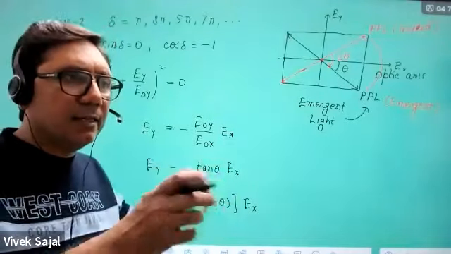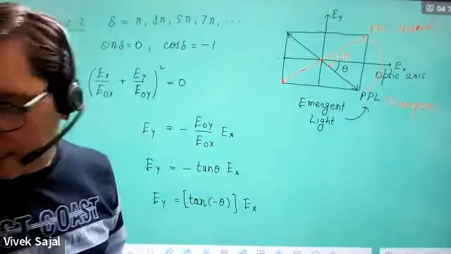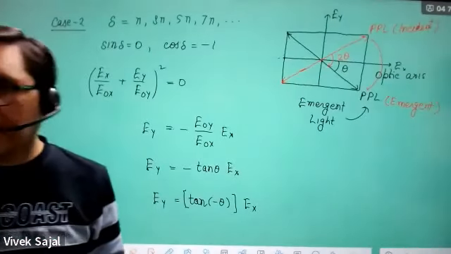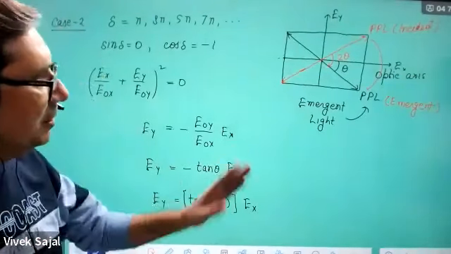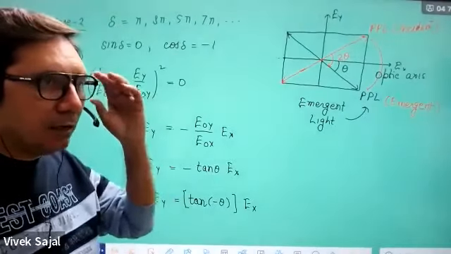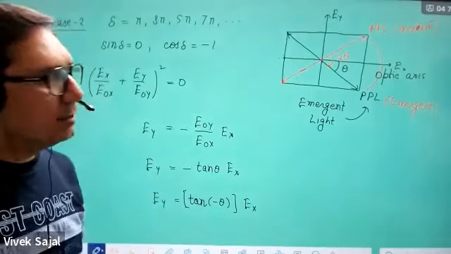Most of the questions are based on this section, so please go through this. Okay? In the next class I will complete this analysis and explain slowly how you use these cases for different analysis.